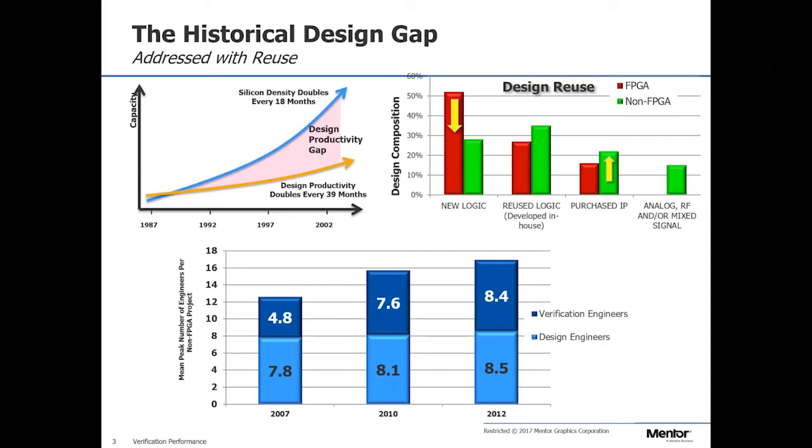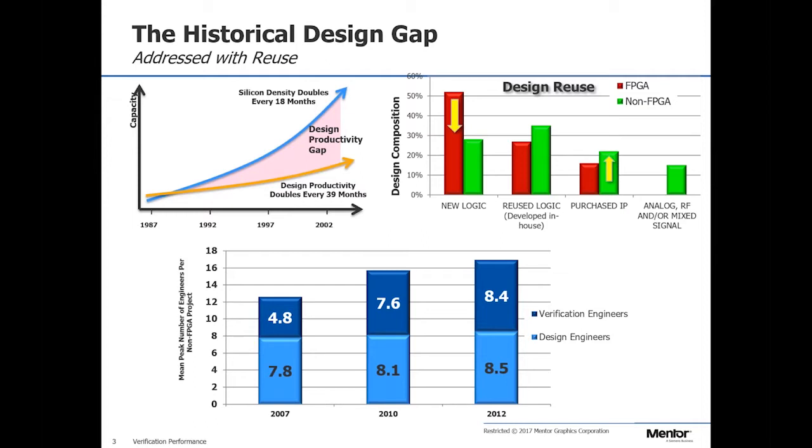So if you look at the last couple of decades, way back in the late 90s, there was this concept of the silicon vendors, the FPGA vendors and the ASIC manufacturers. We still have Moore's law. Silicon is doubling in size every 18 months.